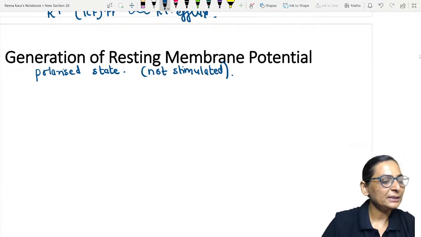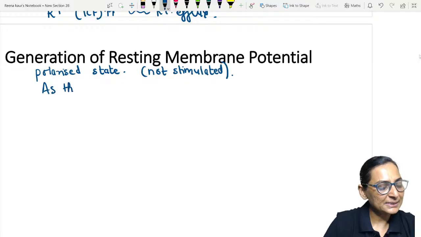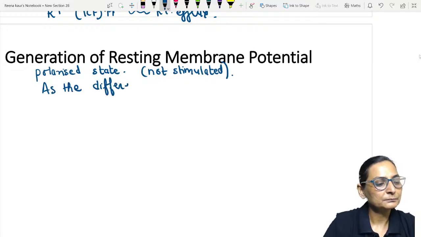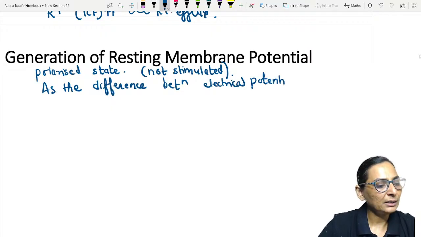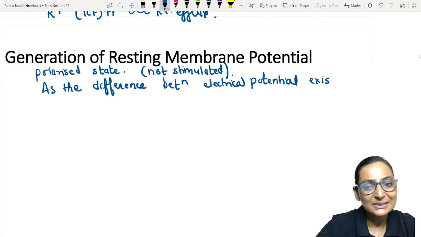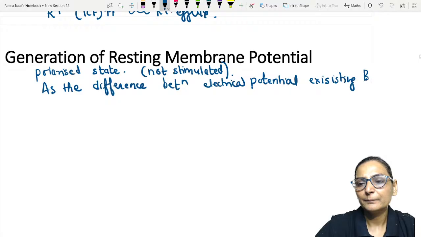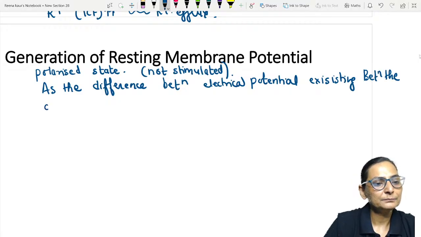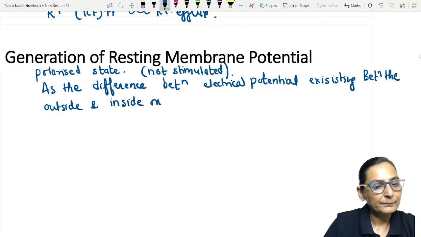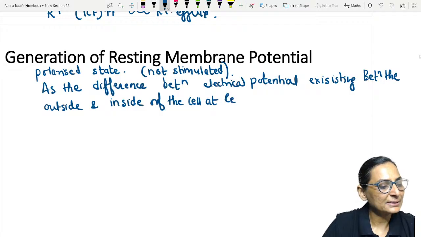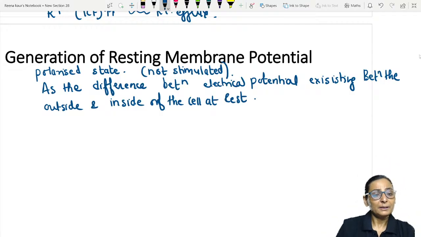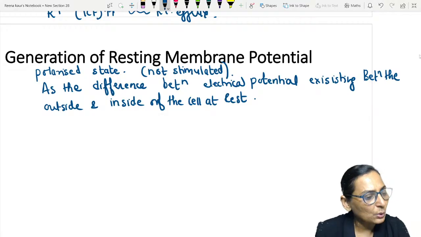It is defined as the difference between the electrical potential existing on the outside and the inside of the cell at rest. At rest, that means not stimulated, and that is what is called polarized.